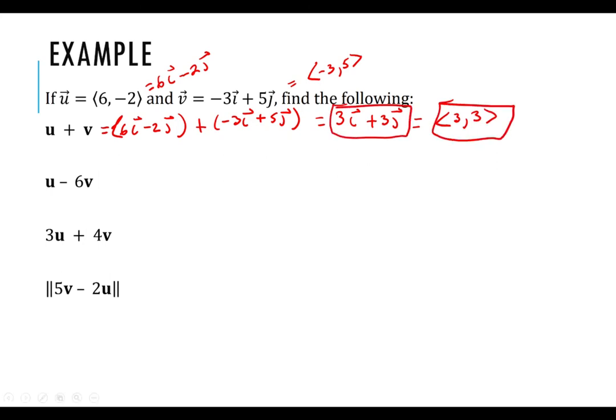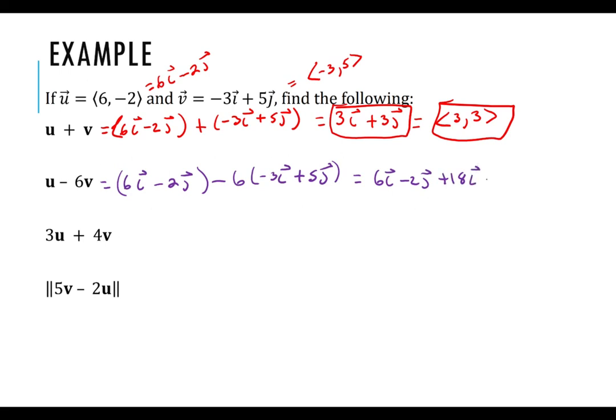Make sure you use those pointy brackets, and so either of these is perfectly fine. Then let's try u minus 6v. So u minus 6v is 6i hat minus 2j hat minus 6 times negative 3i hat plus 5j hat. Just distribute that scalar. That's going to give me 6i hat minus 2j hat minus 6 times negative 3, which is positive 18i hat.